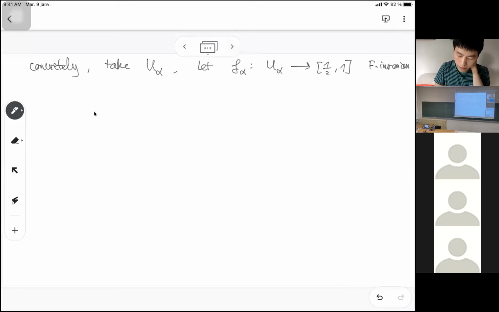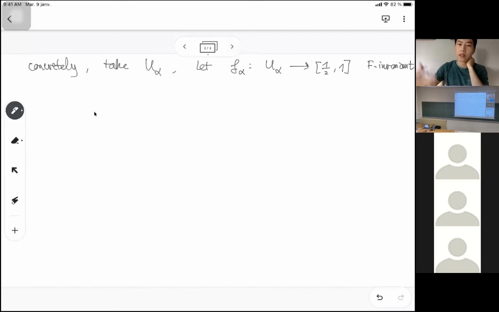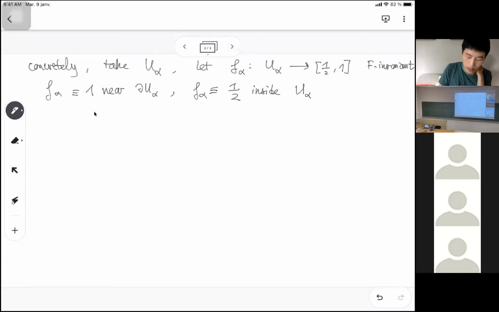In order to make it F invariant, that just means you make it invariant for the torus action. So you can just average any smooth function, and you will get an F invariant function, right? And you want to impose that F alpha is going to be 1 near the boundary of U alpha, and F alpha is 1/2 inside, U alpha minus the tubular neighborhood of the boundary.